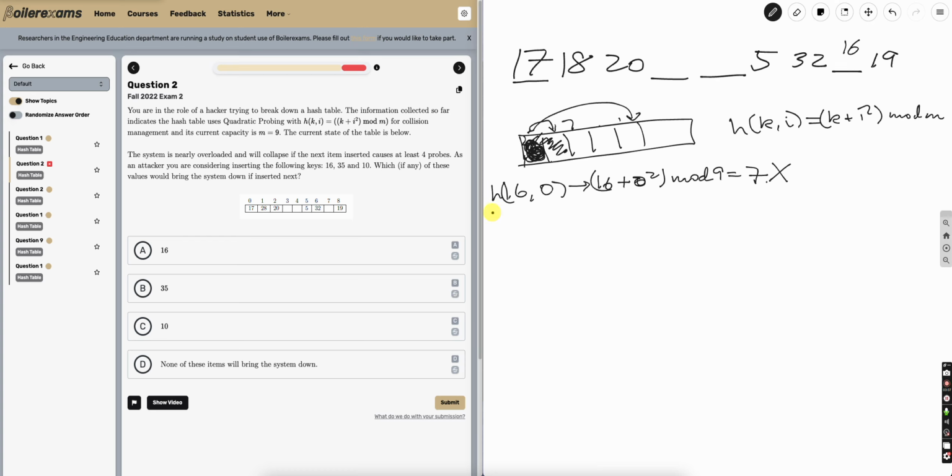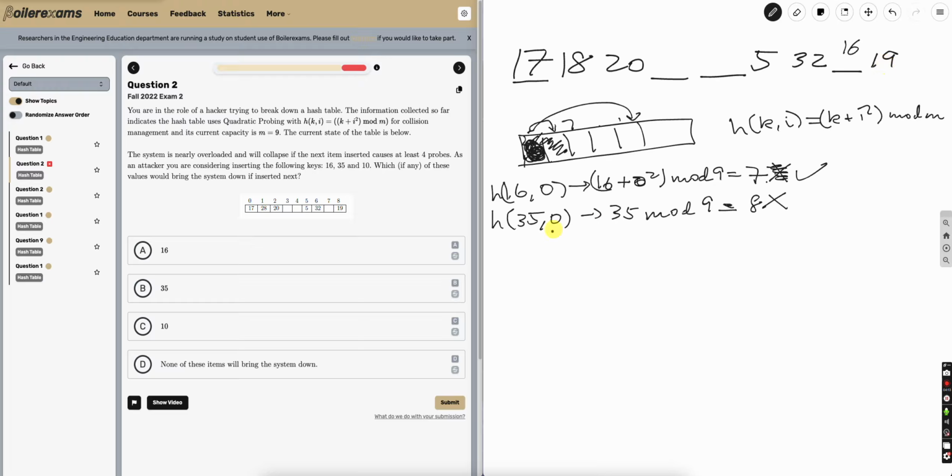So clearly 16 has a spot to be inserted in. 16 would not bring the system down because it is inserted on the first try. Next we can check 35. When we check h(35, 0), that gives 35 plus 0 squared mod 9, which equals 8, because 4 times 9 equals 36, and 35 is missing 1, so the remainder is 8. And clearly there is already an element in spot 8, so it's impossible to insert.